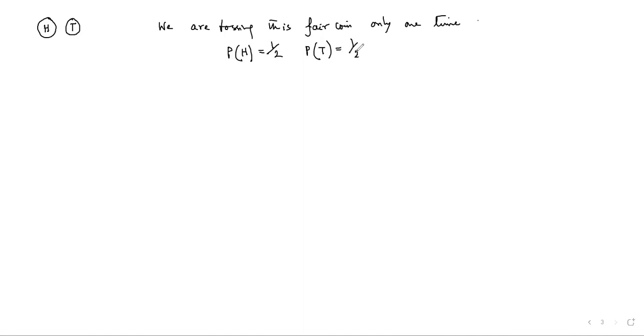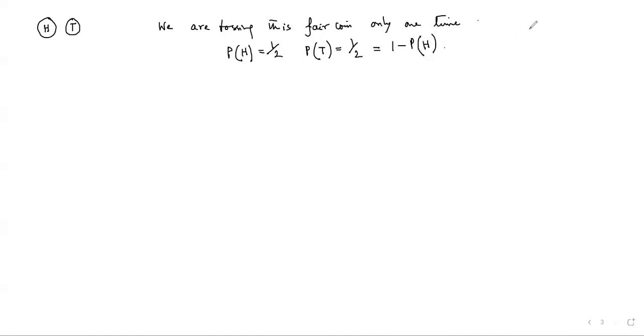Suppose we are tossing this fair coin only one time, and since it is fair, we all know that probability of H will be equal to half and probability of tail will be equal to half, and indeed probability of H is equal to 1 minus probability of tail. We all know this fact.